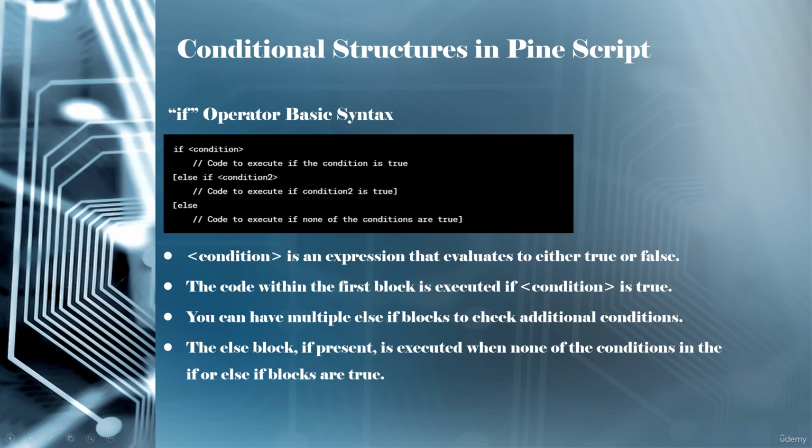If a true condition is found, subsequent else if blocks and the else block, if any, are skipped. What it means is that if, for example, the condition after the if operator is true, then this statement is executed. All other statements are skipped.